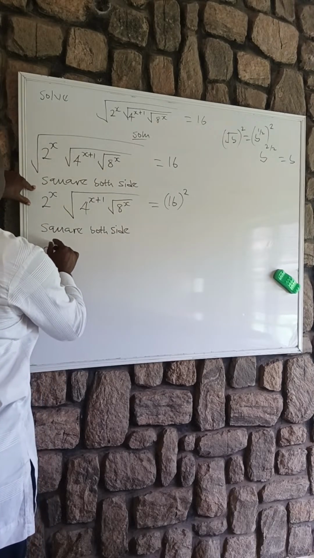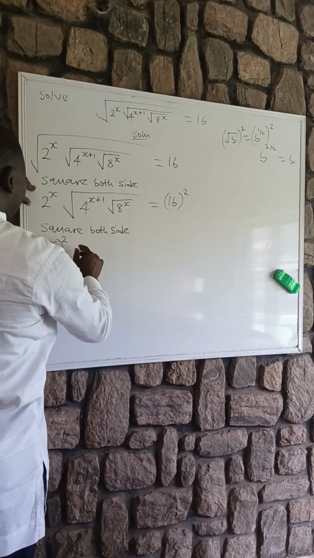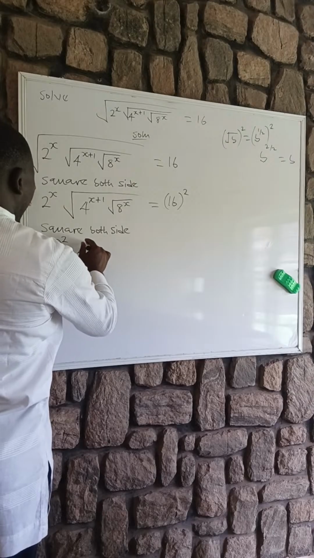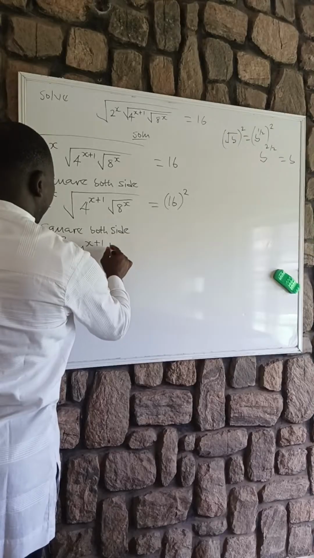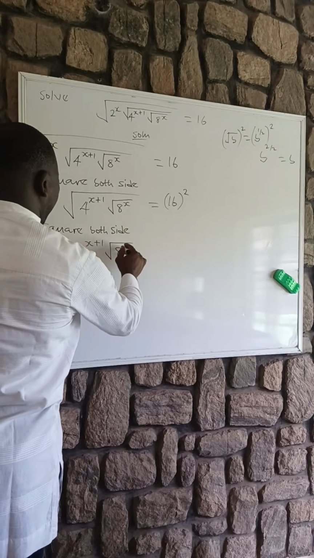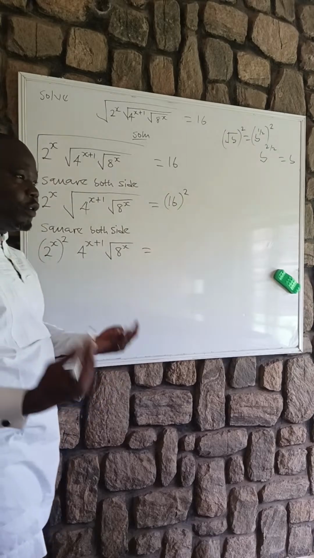2 raised to the power x, all in bracket raised to the power 2, times 4 raised to the power x plus 1, then times the square root of 8 raised to the power x, equals, square both sides.